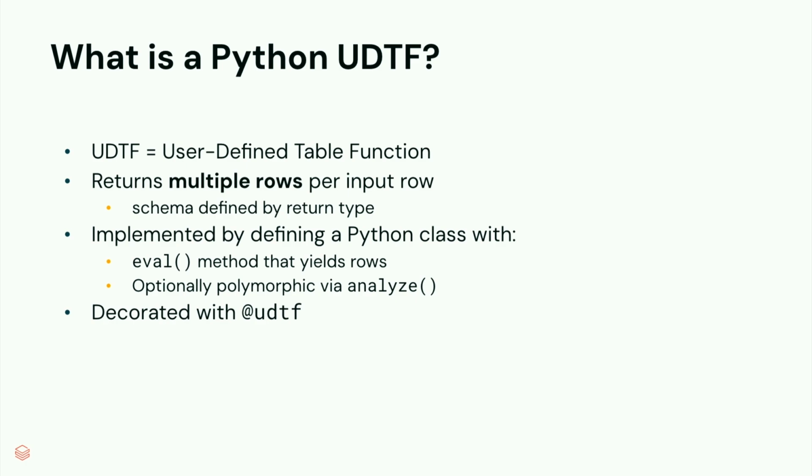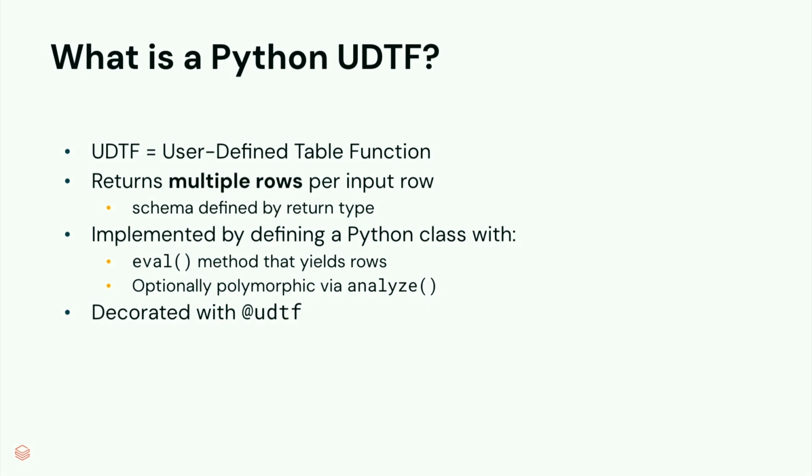Okay, next topic is Python UDTF, or Python user-defined table function. This is the way to define your own TVF using Python. Unlike scalar UDFs, which return a single value, UDTFs can return multiple rows for a single input row. You implement a UDTF by writing a class with an eval method that yields rows using Python's generator semantics, or returns an iterator of values.